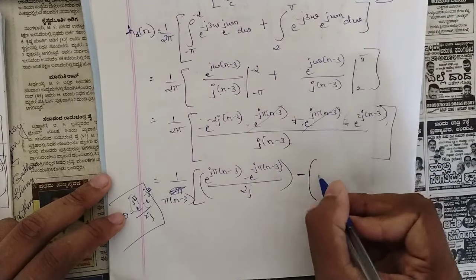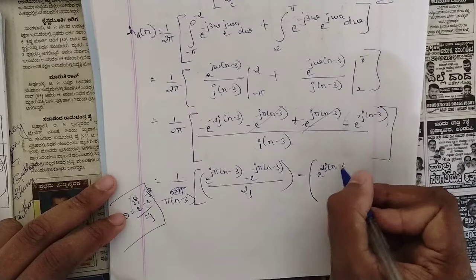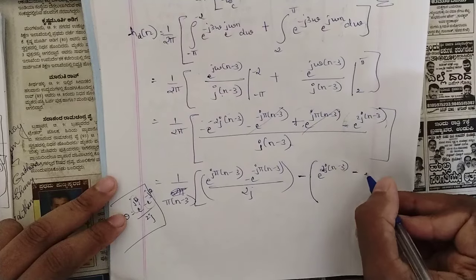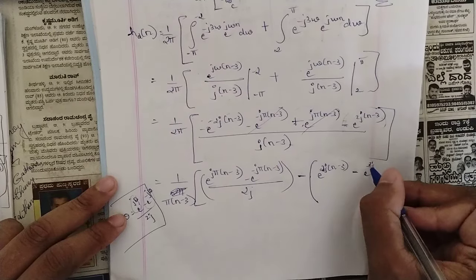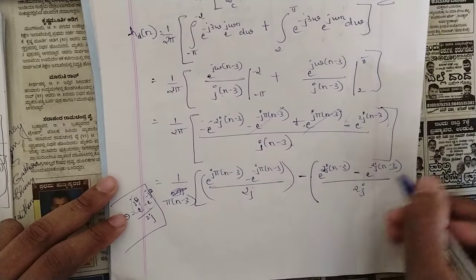This term would be e power 2j(n minus 3) minus e power minus 2j(n minus 3) divided by 2j again.